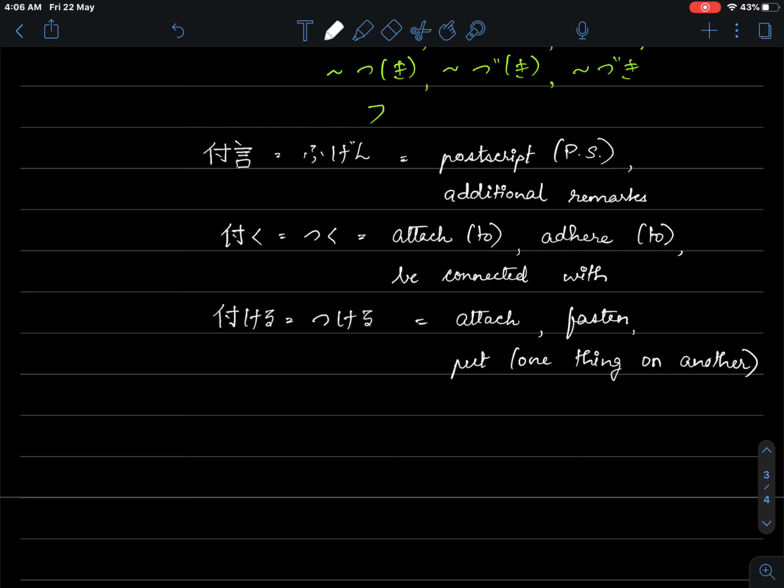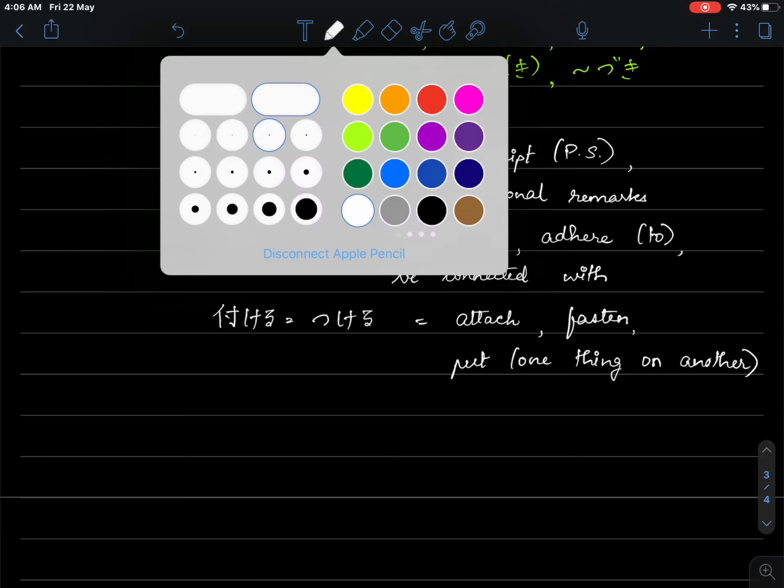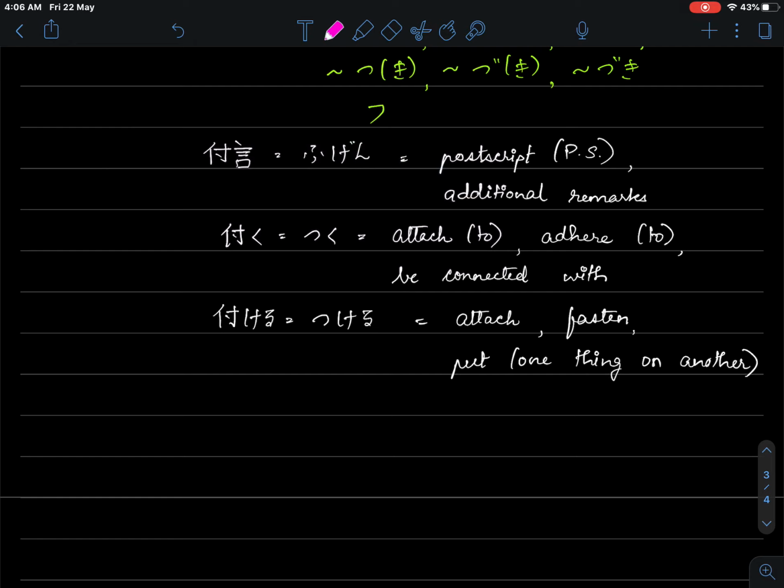Okay, again the difference, something I had mentioned in one of the previous videos, this is an intransitive verb, and this is a transitive verb. Okay, intransitive and transitive.